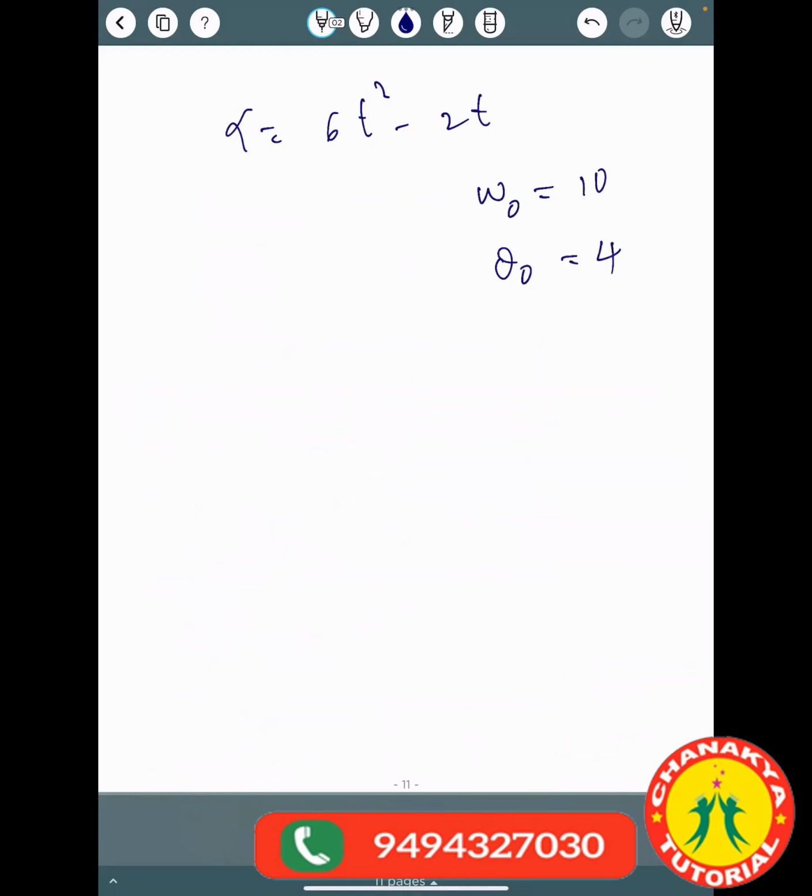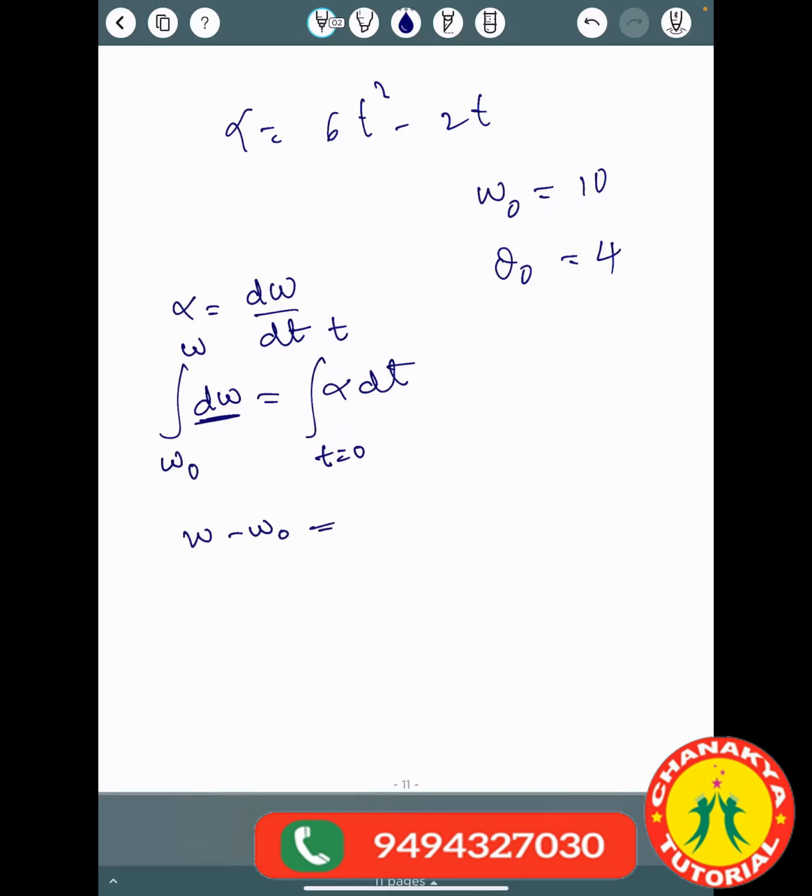So we know that alpha can be written as d omega by dt, correct? So from here, d omega is equal to alpha dt. Integrate on both sides from initial to final, from t equal to 0 to t. The integration of d omega is omega, so omega minus omega naught is equal to the integral of 6t square minus 2t dt from 0 to t.